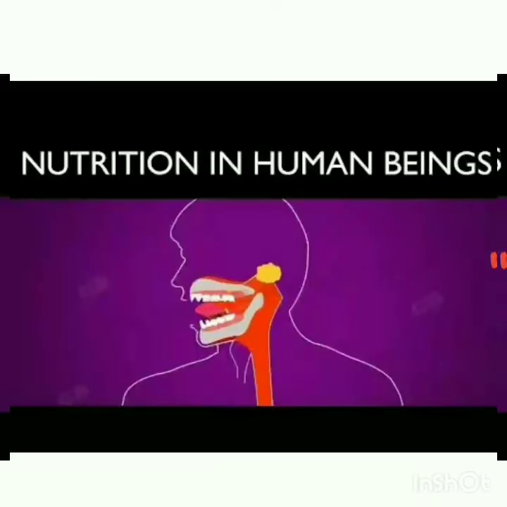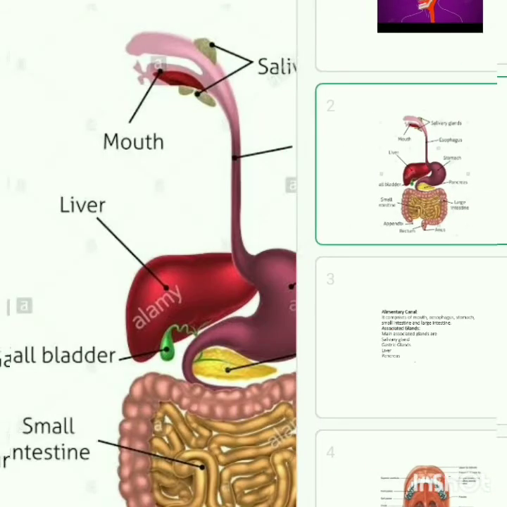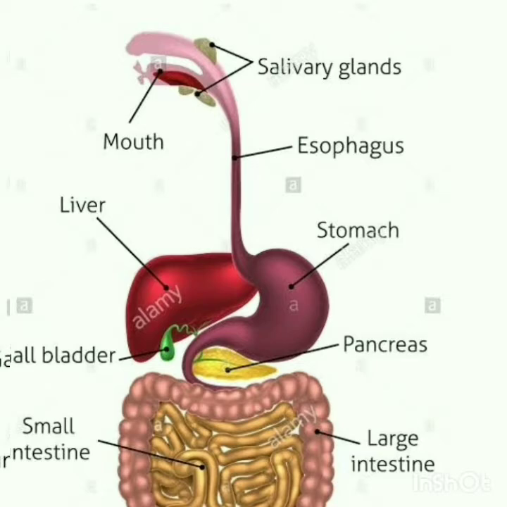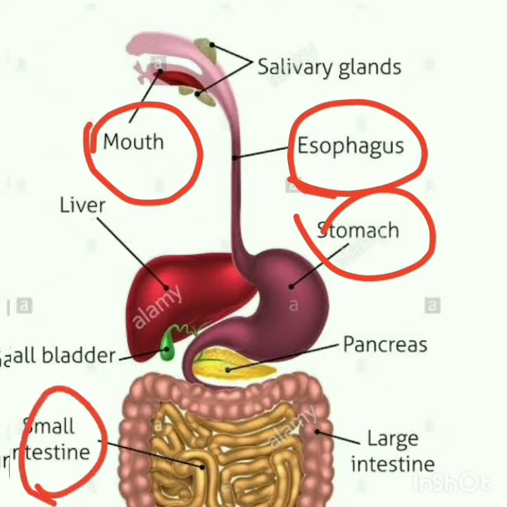Students, now we will see how digestion takes place in human beings, or nutrition in human beings. As you all can see the diagram of the alimentary canal on your screen, our alimentary canal consists of mouth, esophagus, stomach, small intestine and large intestine.